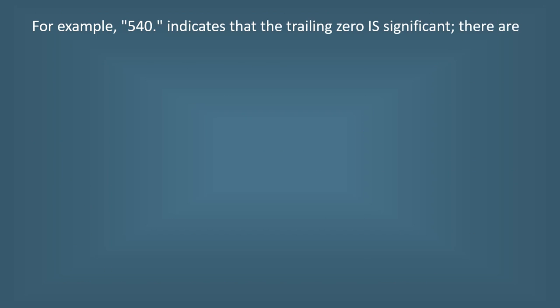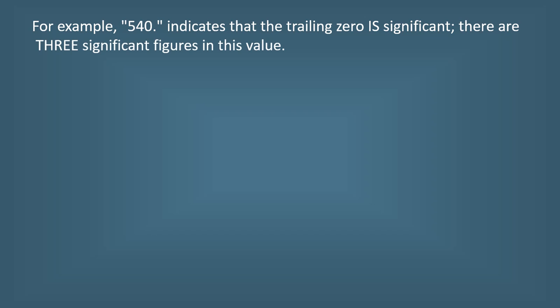For example, you can write a value like this: 540, then you put a decimal, or you might think you've put a full stop. That decimal indicates that the trailing zero is significant. The zero coming after the 4 is to the right of the non-zero digit, so it is significant.